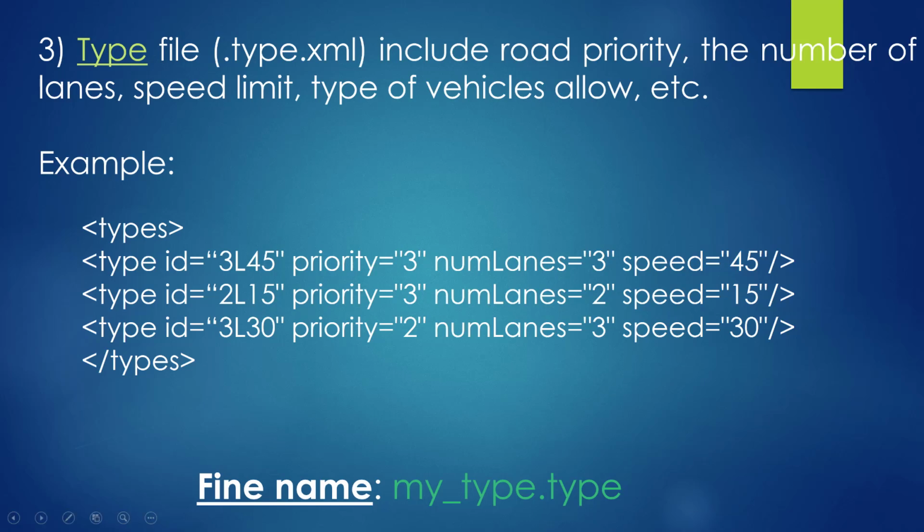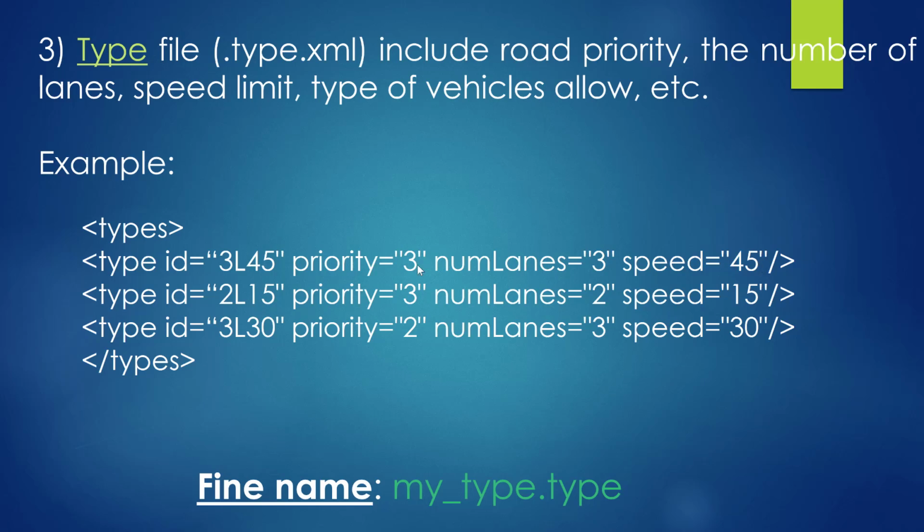As you see here, we just give the type ID, which was defined in the previous slide, remember? So 3L45 means the number of lanes is 3 and the speed is 45 meters per second. So we have to define the type ID explicitly.